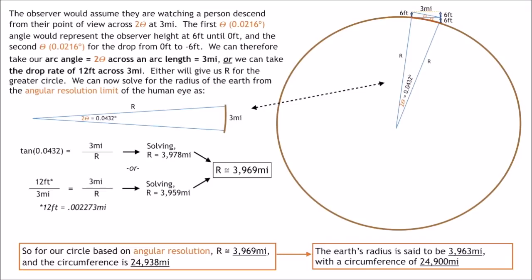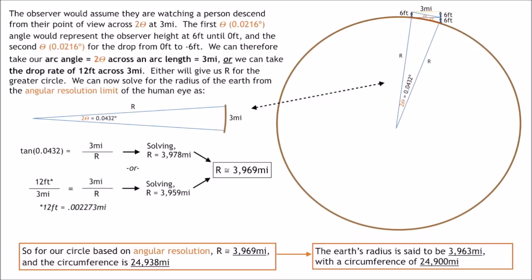We can now solve for the radius of Earth from the angular resolution limit of the eye as our segment here, with r along the radius or along the one aspect of the triangle and 3 miles as our opposite end, and the angle being across 2 theta, which is 0.0432 degrees. That will give us one number, and the alternative is to use the ratio of 12 feet over 3 miles is equal to 3 miles over r.